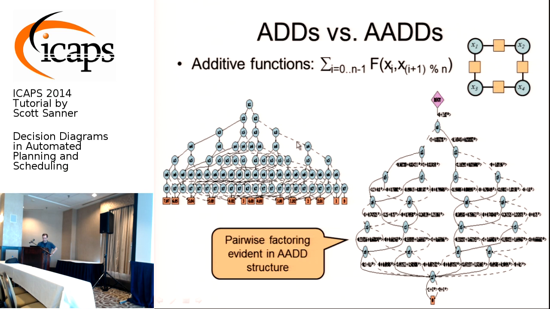It's rather cool that if you look at the ADD, you don't really see any structure. But if I sum these pairwise functions, right? So for every orangish block here, I get a pairwise function. If I sum these pairwise functions, you get this very clean-looking affine ADD. Okay. This is the sum from x1 to x7 of pairwise functions.